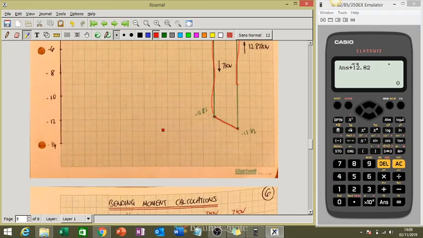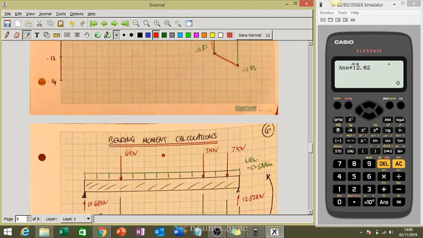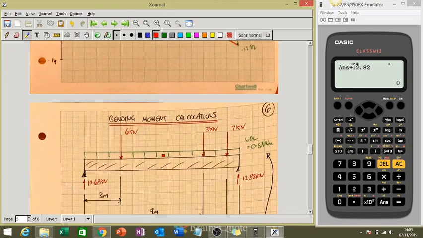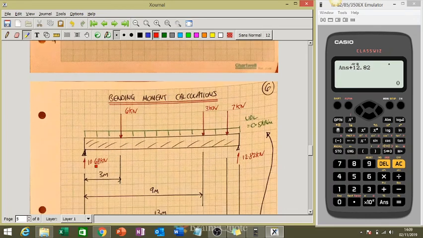So the next bit is to work out our bending moment calculations. So go back to our beam again. So we've got all our forces, and we've got UDL, and we've got reactions.